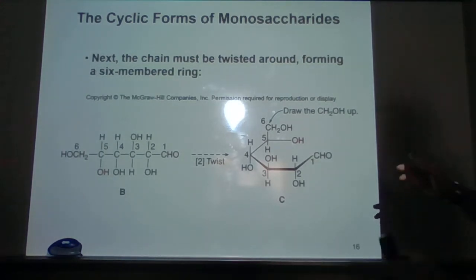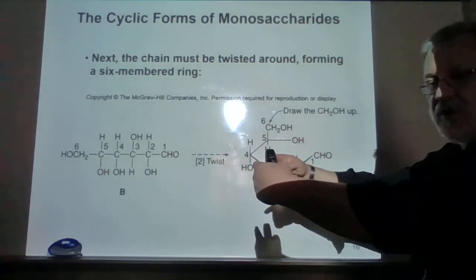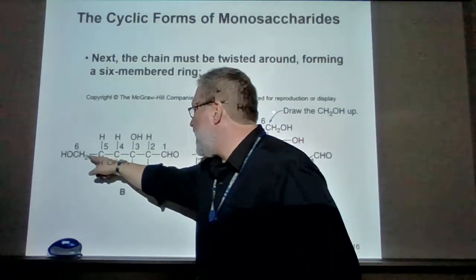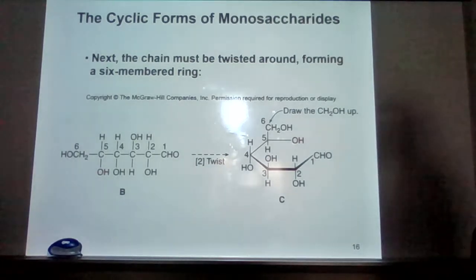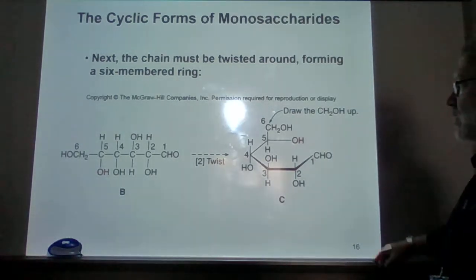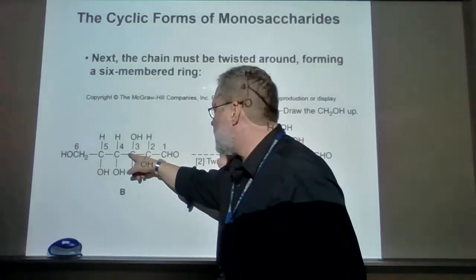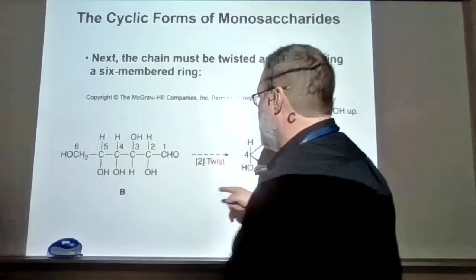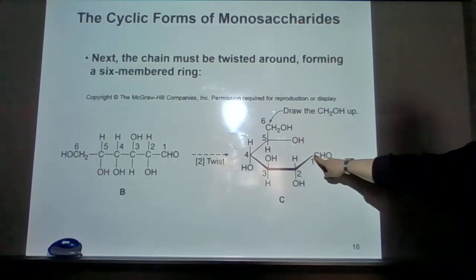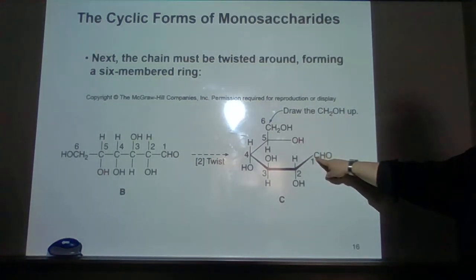Then the chain has to basically fold in on itself so 1 and the OH on 5 can get spatially close to one another to form a cyclic ring. So 1, 2, 3, 4, 5, and 6, the ends circle around to get close to one another. Here is the C double bond O at C1.